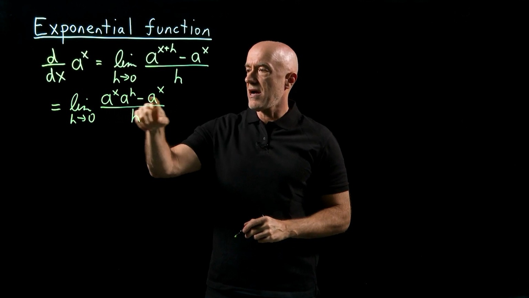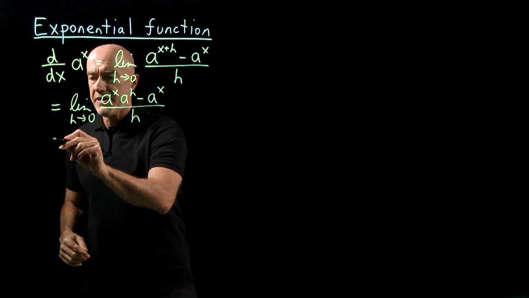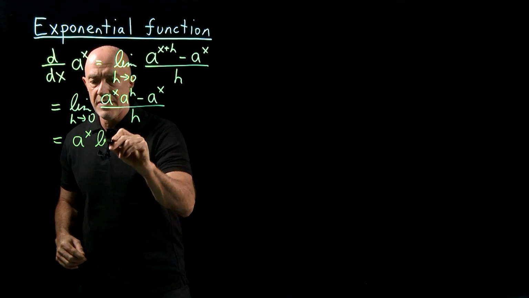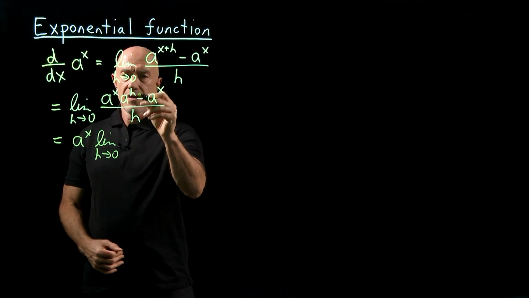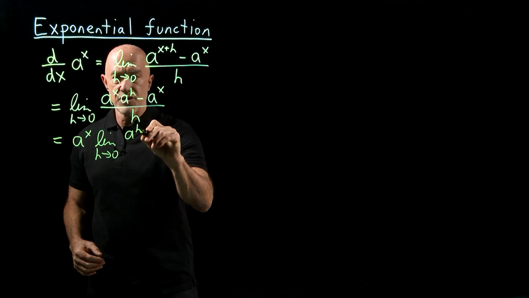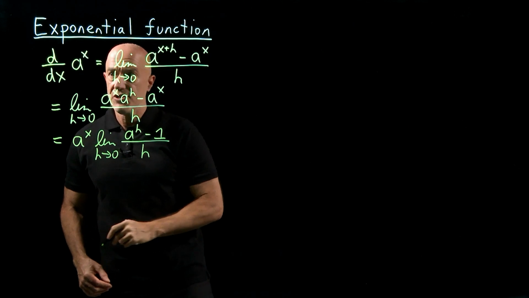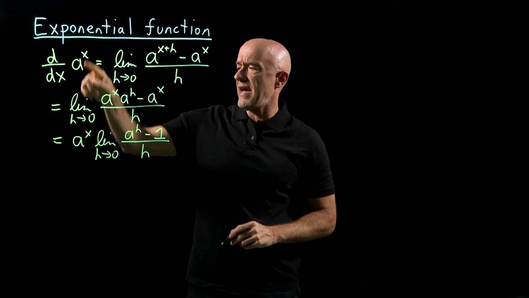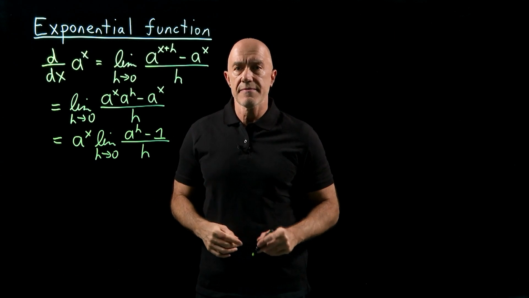It doesn't depend on h, so we can pull it in front of the limit. So this becomes a to the x times the limit as h goes to 0 of a to the h minus 1 divided by h. So our derivative of a to the x is equal to a to the x times this limit.